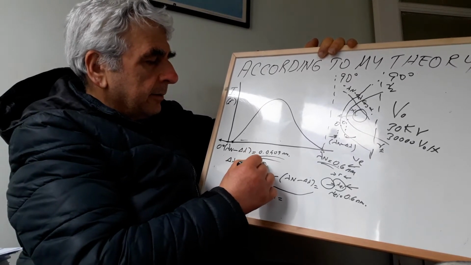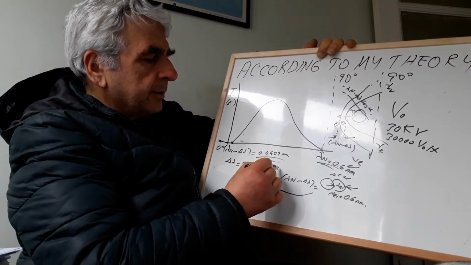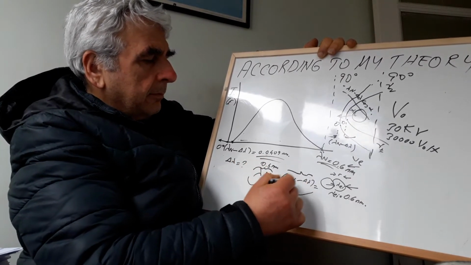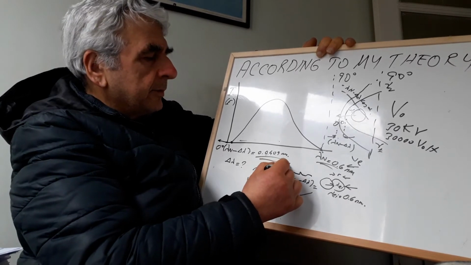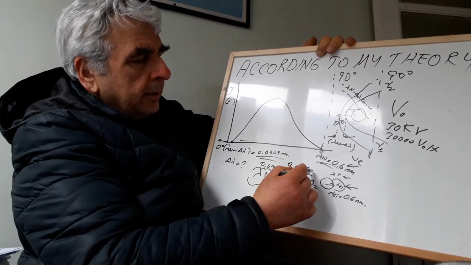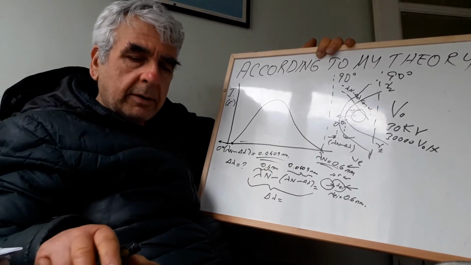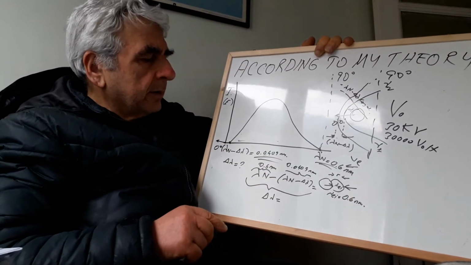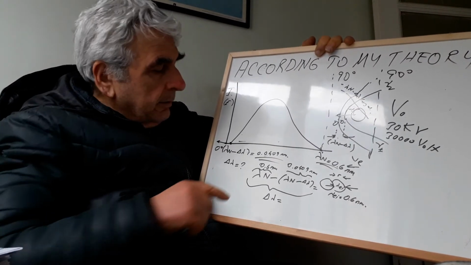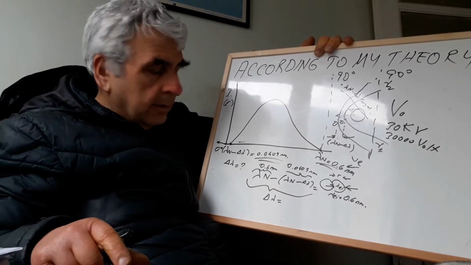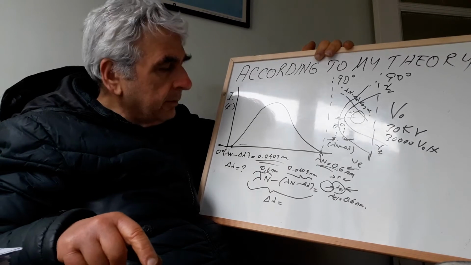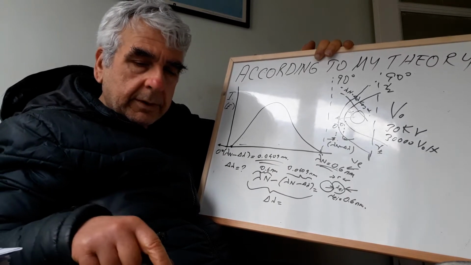Lambda n is 0.6 nanometer and lambda n minus delta lambda is 0.0409. Yes, we will subtract: 0.6 minus 0.0409.